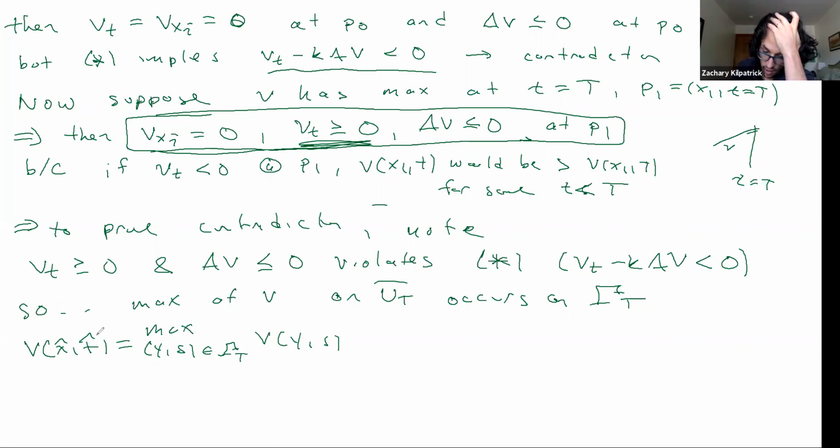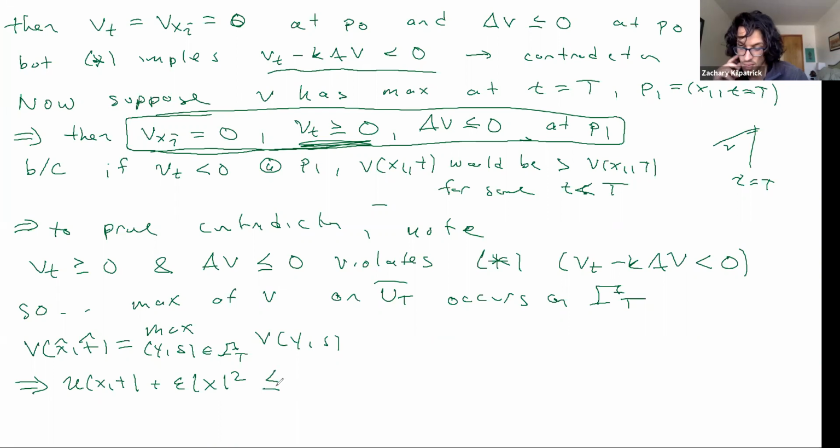All right, so this implies then that u of xt plus epsilon x squared has to be less than or equal to the max over ys in gamma t of u of ys plus epsilon y squared, okay?